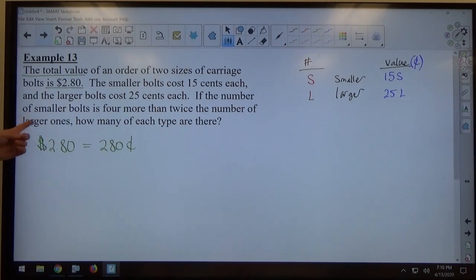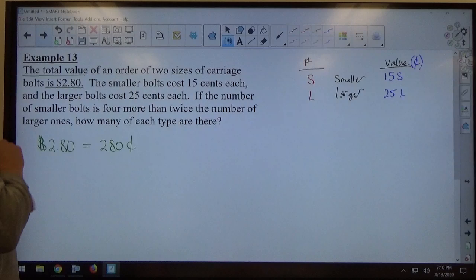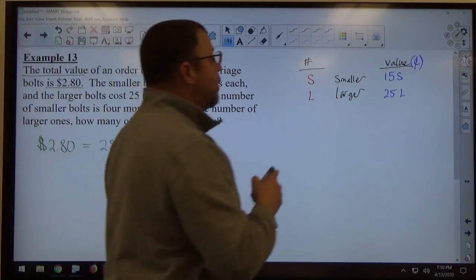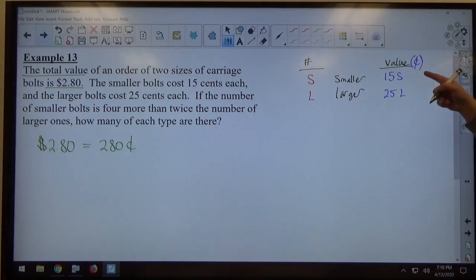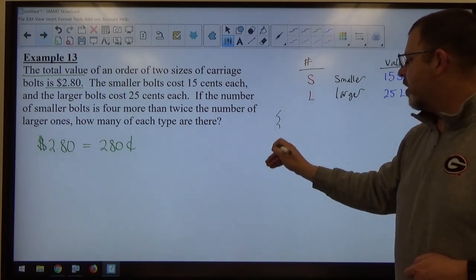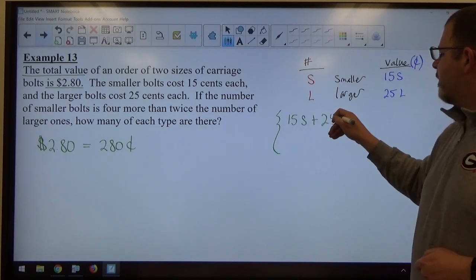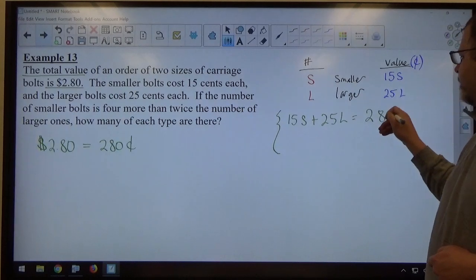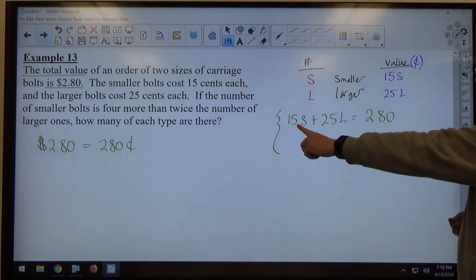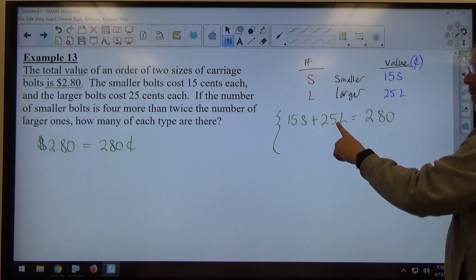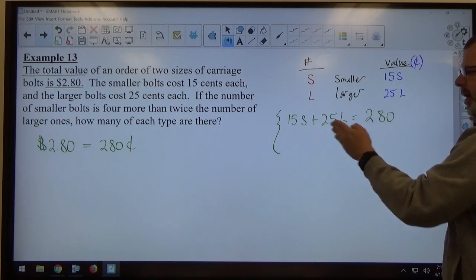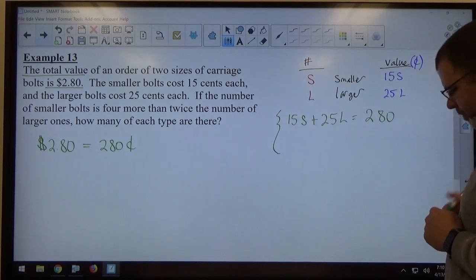Every dollar is 100 cents: $1 is 100, $2 is 200, plus 80 makes 280 cents. So the total value is 280 cents, the total value of the smaller ones is 15S cents, and the total value of the larger ones is 25L cents. So one equation I can make is 15S plus 25L must equal 280: how much the smaller ones are worth, plus how much the larger ones are worth, added up equals how much they're all worth, 280.